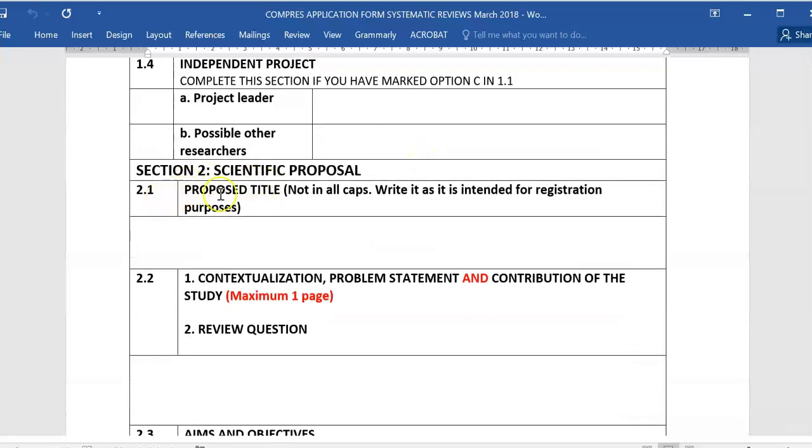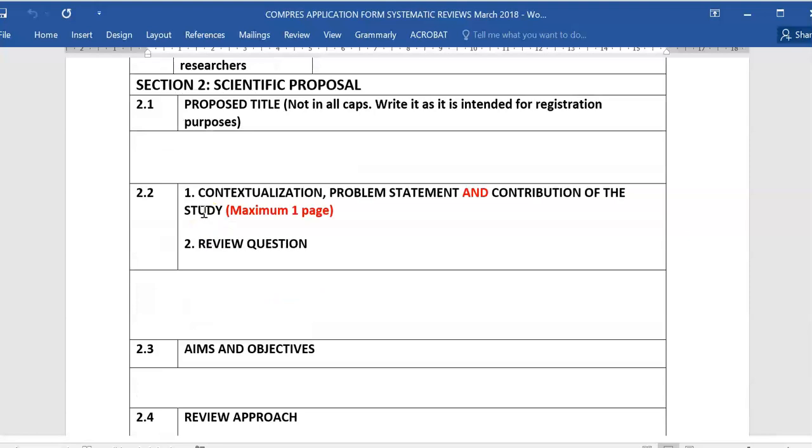The second section, which is the scientific proposal, that's where maybe the change comes into it. So you will have, similar to a normal research project, in a rapid review, you will also have a contextualization and a problem statement, and the section regarding the contribution of the study.